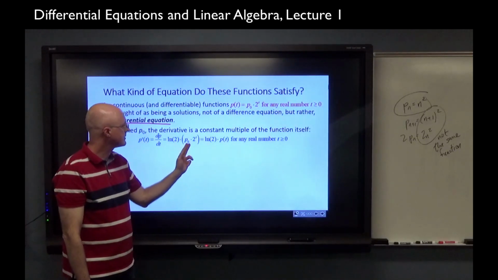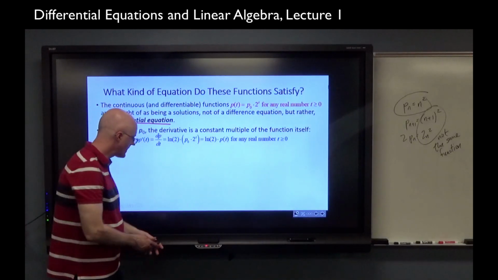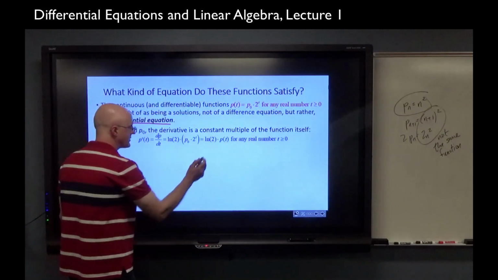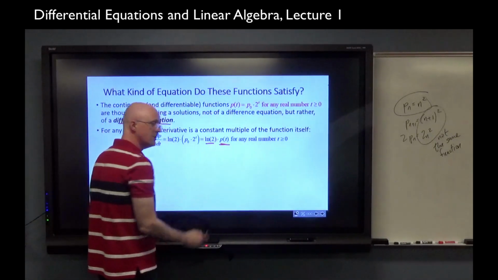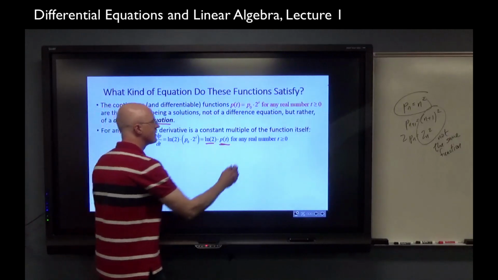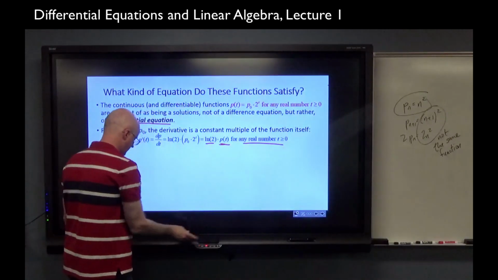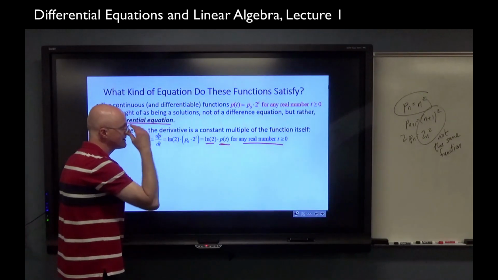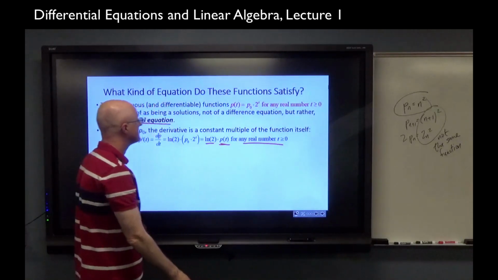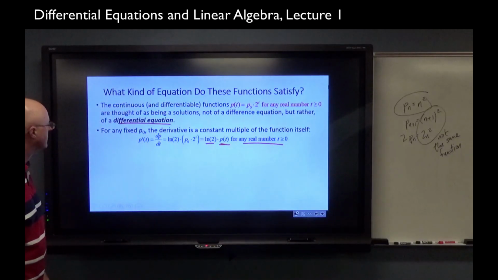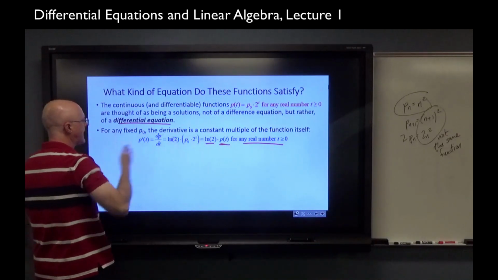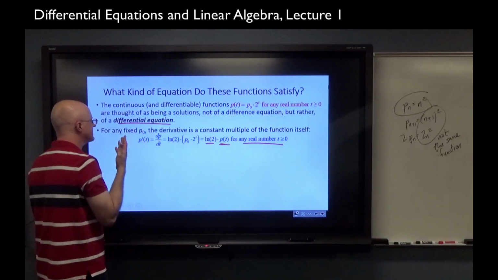Natural log of 2 times p0 2 to the t, which is really natural log of 2 times the original function for any real number t. I said non-negative real number. It even works for negative real numbers, but I'm trying to think about going forward in time here. This is essentially a verification that p of t satisfies a differential equation.